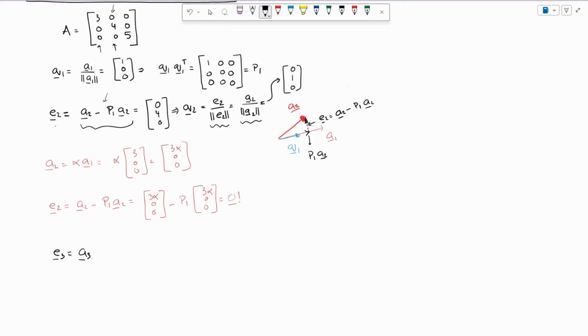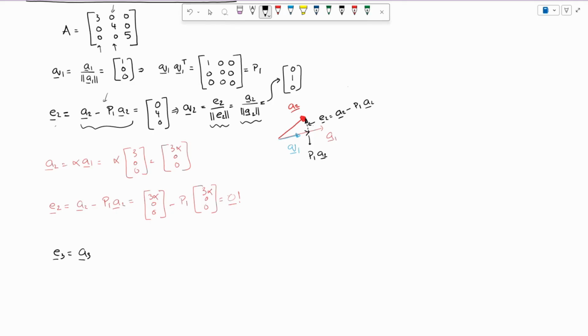Okay, geometrically, when will E3 be equal to A3? Perpendicular to what? Both what? Yes. When your third vector is perpendicular to both the previous two vectors, then E3 will be equal to A3.